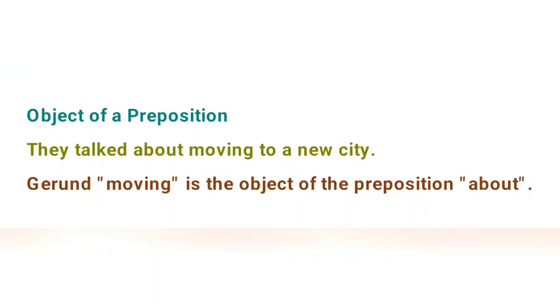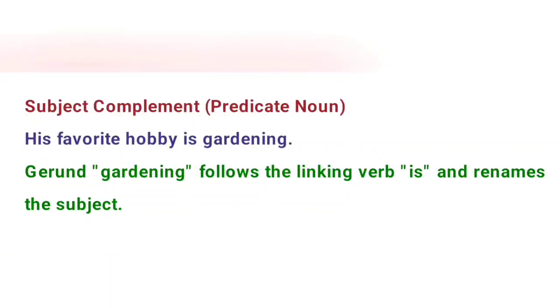So the gerund moving is the object of the preposition about. The gerund works as an object in this sentence, and about is the preposition.